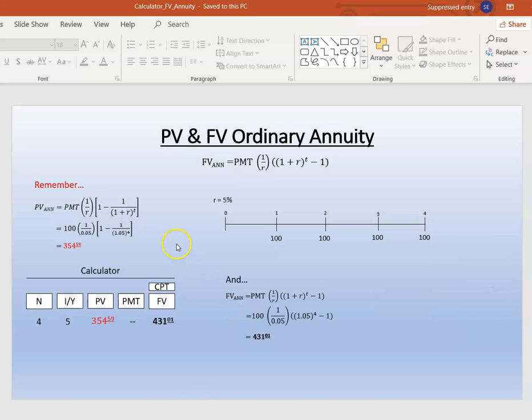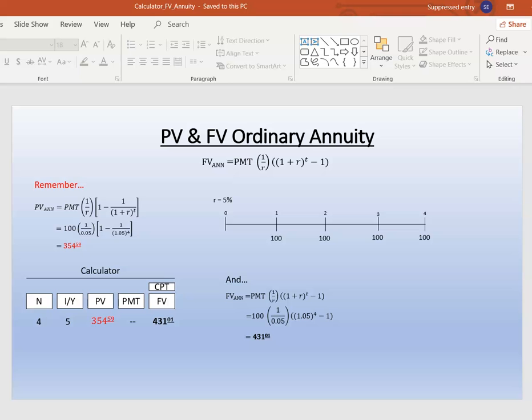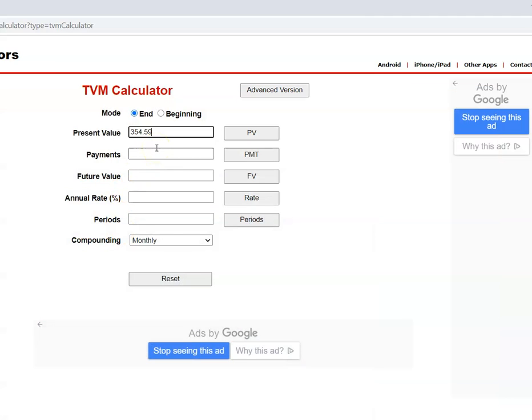Now we have an interesting finding. Remember, we calculated the present value of the annuity at $354. Now let's do the compounding calculation to get the future value of this $354.59, and the discount rate is 5%.